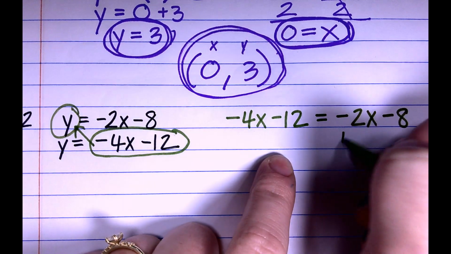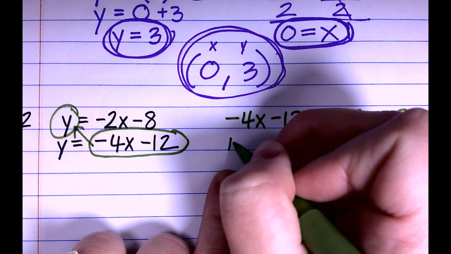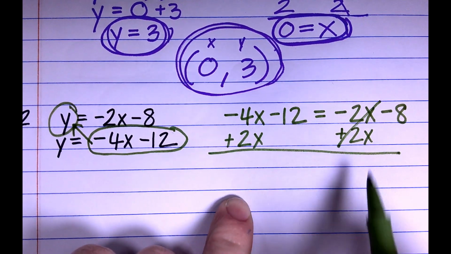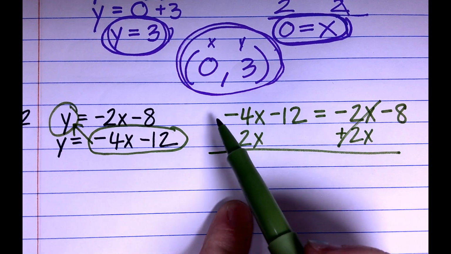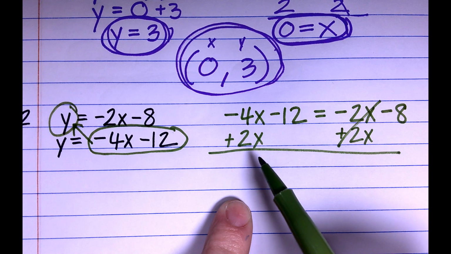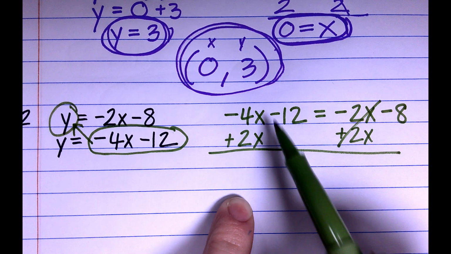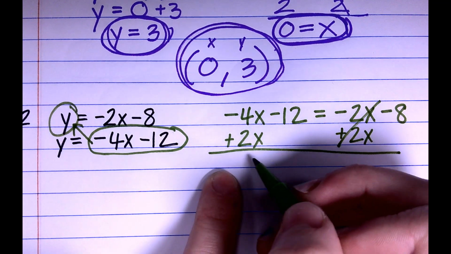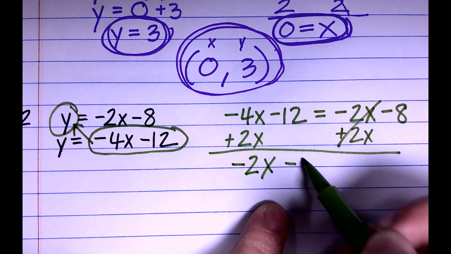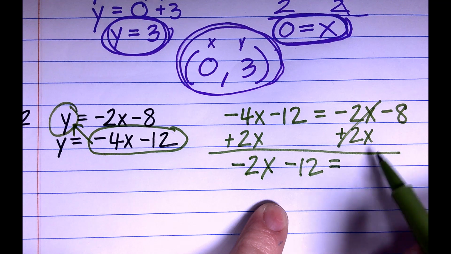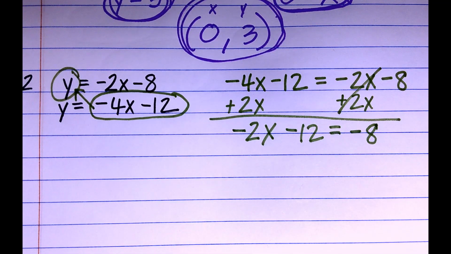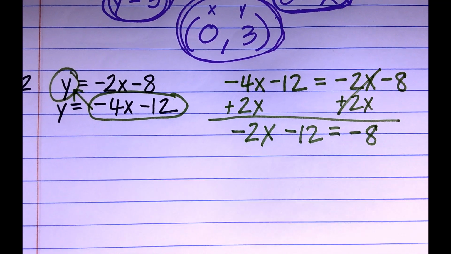What could we do here? Add 2x? Sure, let's add 2x to both sides. My 2x's will cancel. So now what's negative 4x plus 2x? Positive or negative? Negative 2x. I'll bring everything down. Minus 12 equals negative 8. All right. What do I do next?